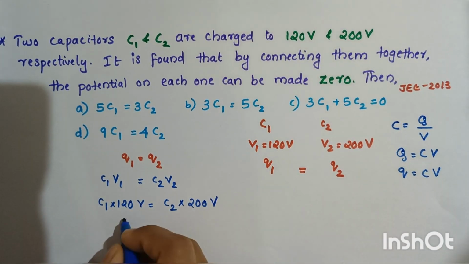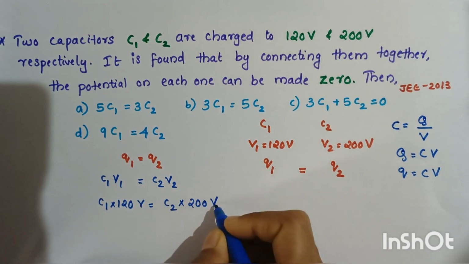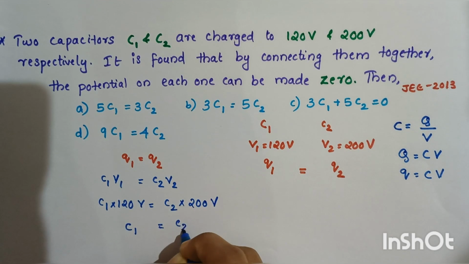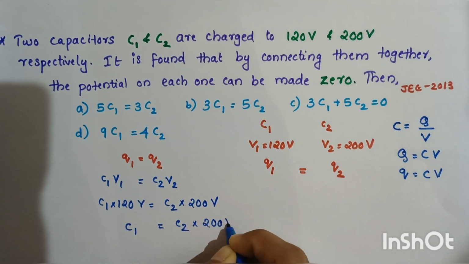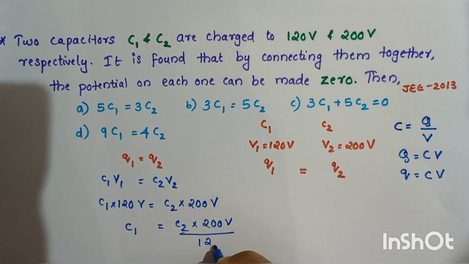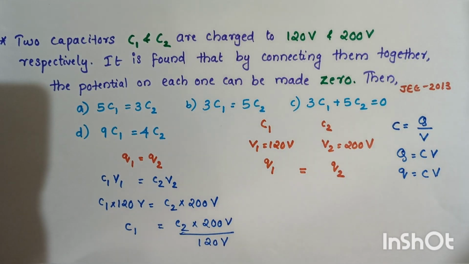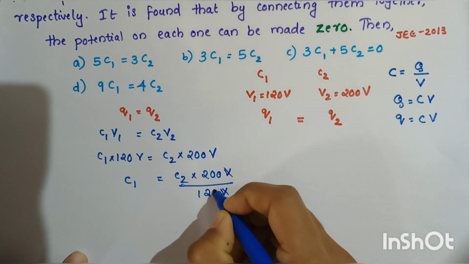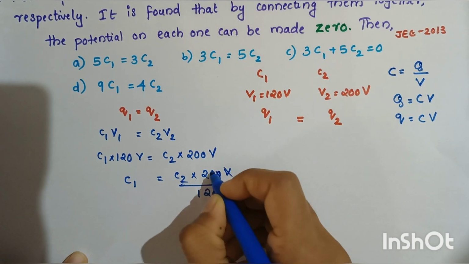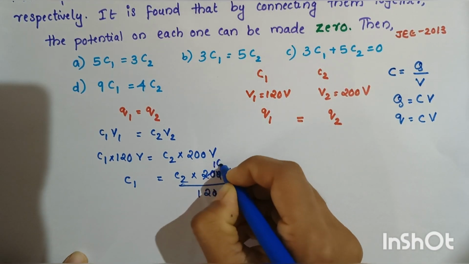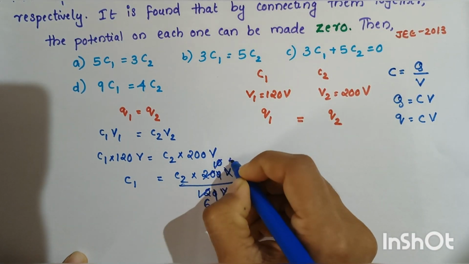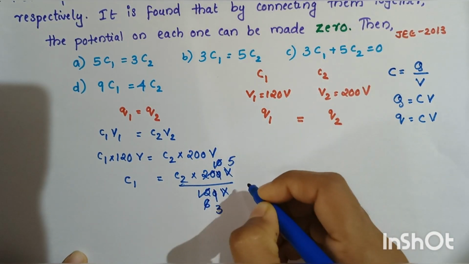Now I am taking this 120 volt to the other side of the equation. So C1 equals C2 into 200 volt divided by 120 volt. The volt cancels, 0, 0. Then 10 2s are 20, 6 2s are 12. 5 2s are 10, 3 2s are 6.